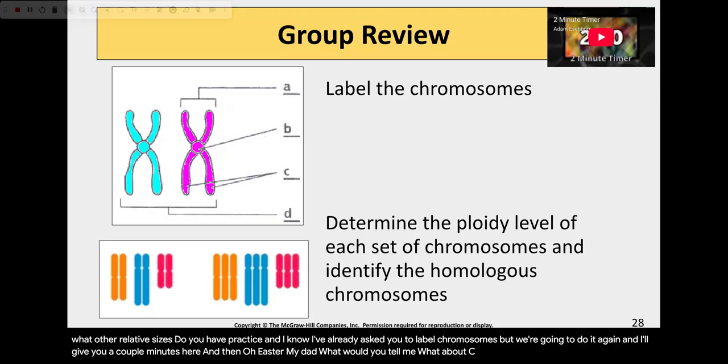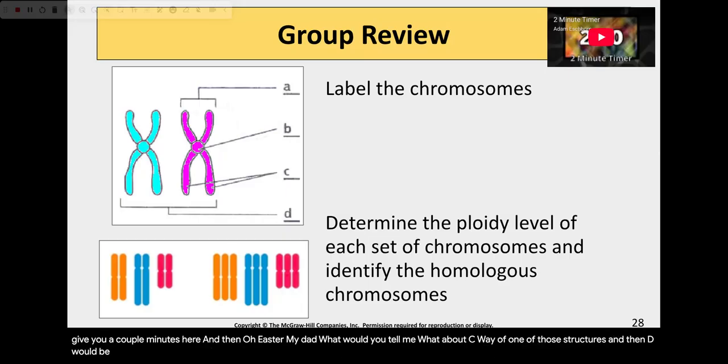Sister chromatids, either side of one of those structures. And then D would be a homologous pair. We have a set that contains the same type of genetic information, just one from mom, one from dad, different variations on it. So what would A be? A would just be a chromosome. It's one chromosome out of the 2 that are up there.